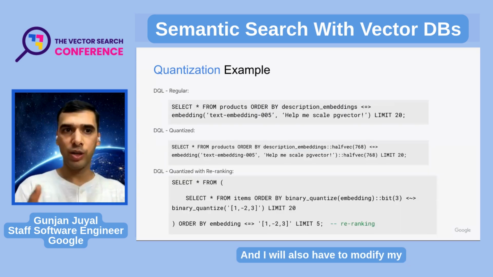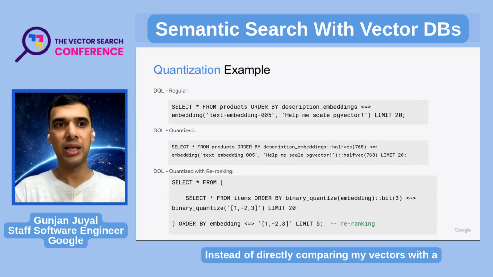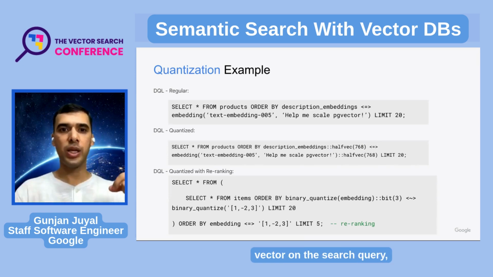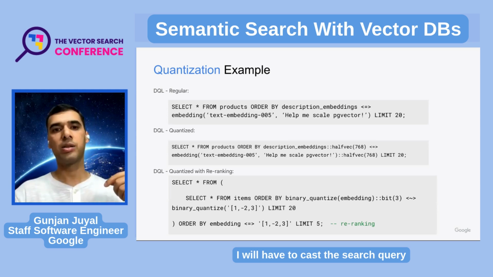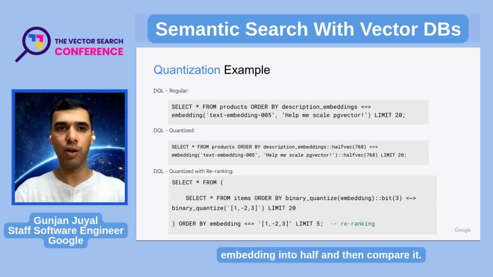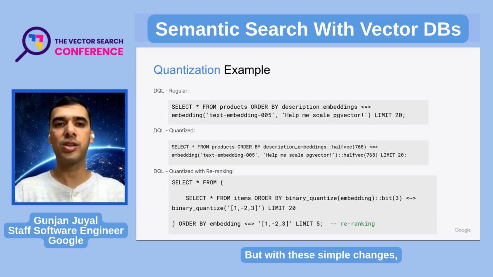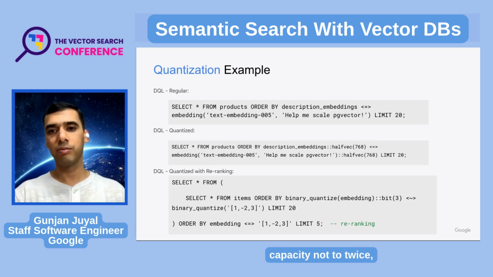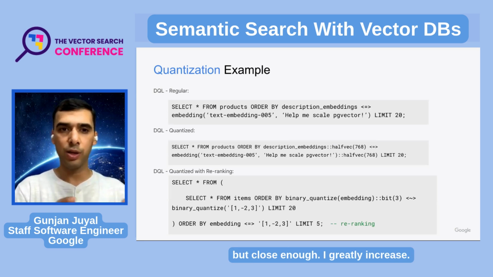And I will also have to modify my queries. Instead of directly comparing my vectors with a vector on the search query, I will have to cast the search query embedding into halfvec and then compare it. But with these simple changes, I increase my capacity, not to twice, but close enough. I greatly increase it.